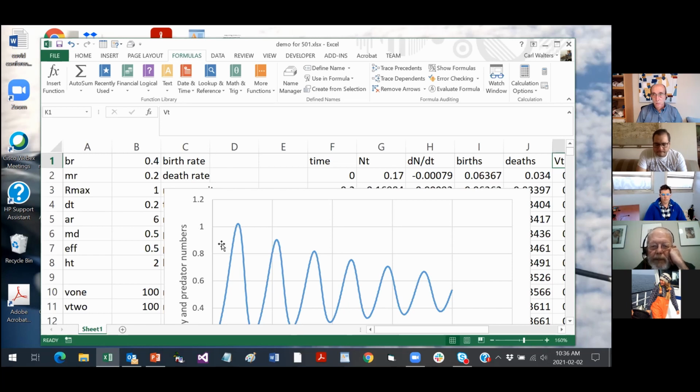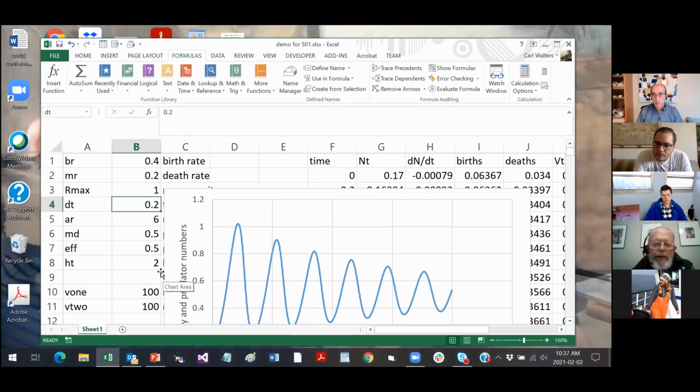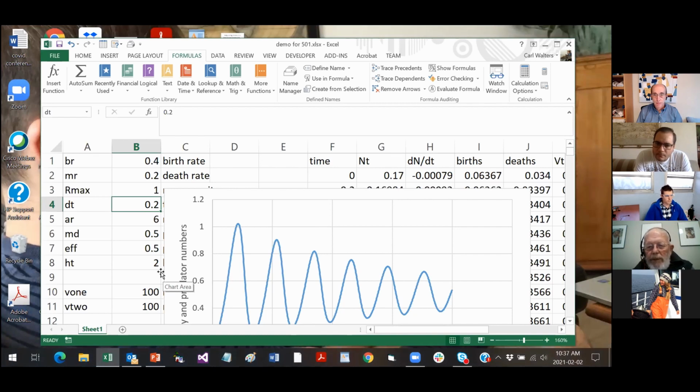And then I will get unstable prediction calculations from using a long time step like 0.2. And there's two ways to deal with this. One of them is to just shorten the time step so that the fastest changing variable in your model determines the allowable time step. That's called dealing with the stiffness problem.